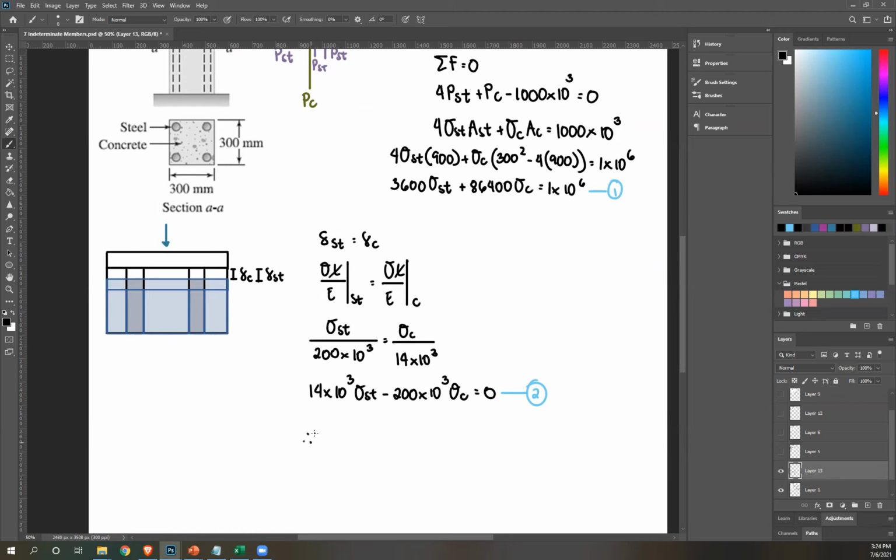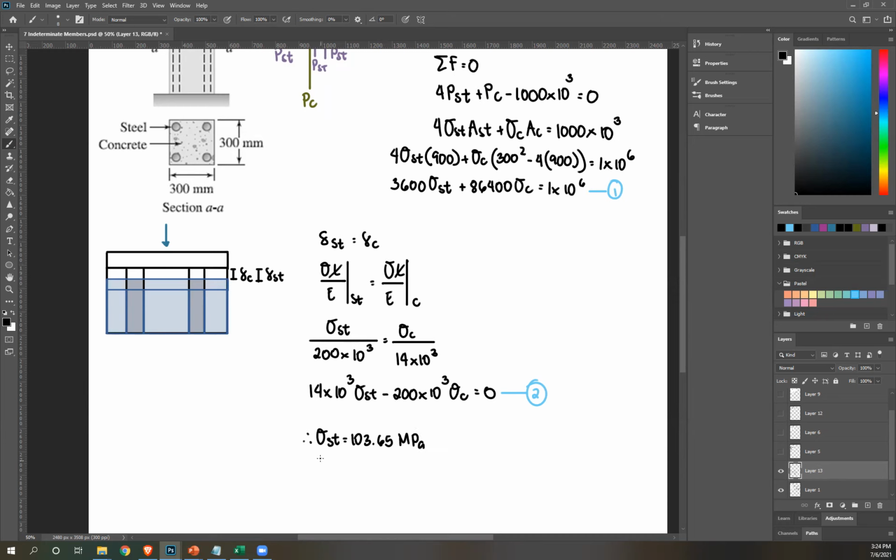So therefore, again, you can try at home, use your calculator, or solve manually. You should get these answers. Sigma ST is 103.65, and the unit is MPa, since we converted everything to Newton and millimeter.